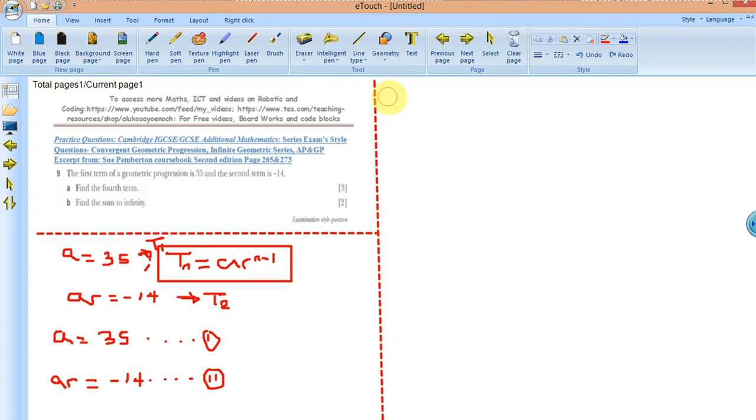So the common ratio R is given by Tn over Tn minus 1. That is generally for the common ratio in a geometric progression. In subsequent questions, I may not need to write all this again.